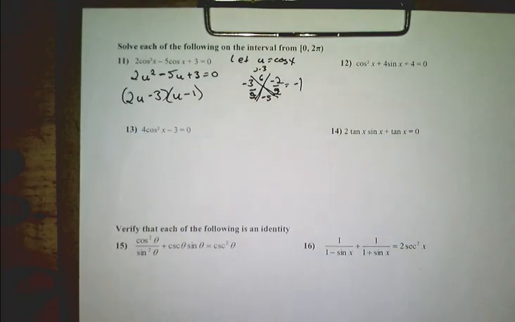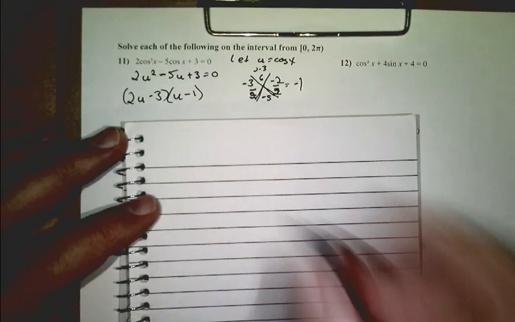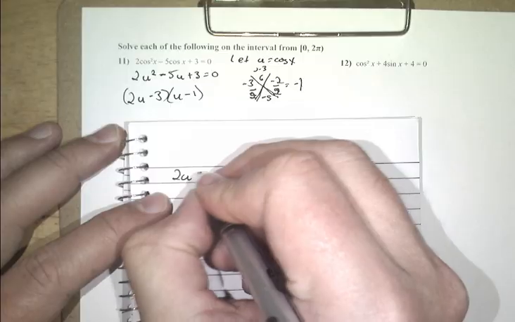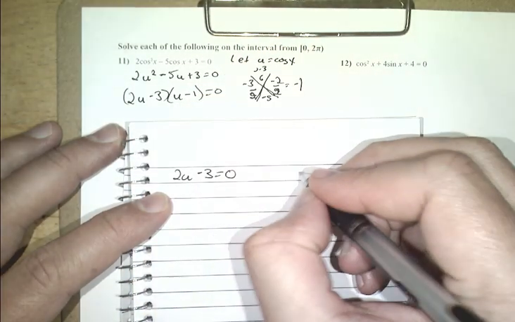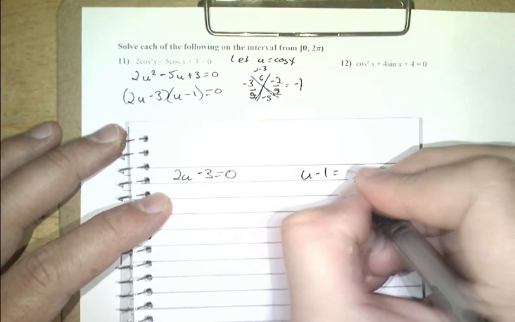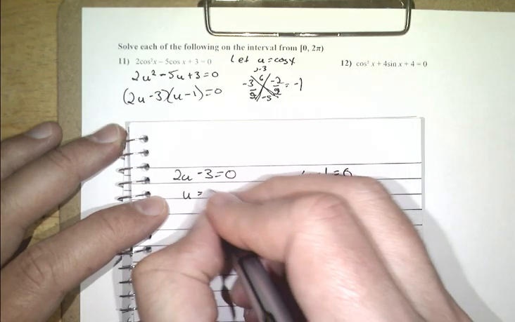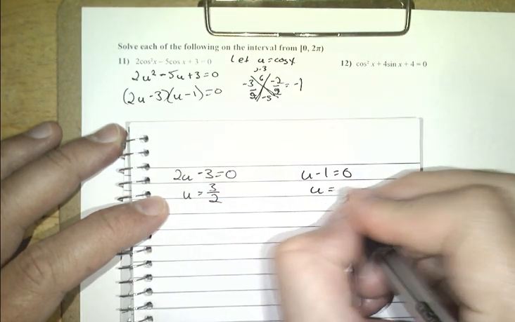So that means that I'm going to run out of room here, so I'm going to get me a scratch sheet of paper. So that means either 2u minus 3 equals 0, or u minus 1 equals 0. So u equals, add 3 to both sides, divide by 2, so u equals 3/2, or u equals 1.